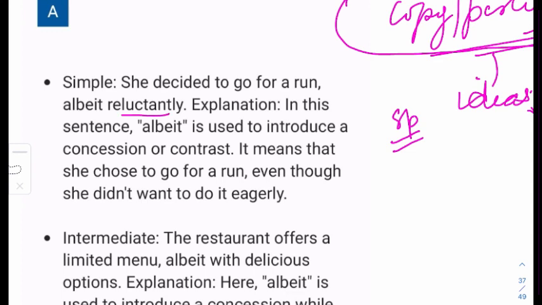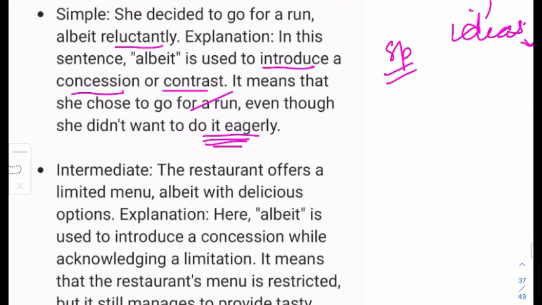That means to introduce concession or contrast, that is, she wanted to go for a run but she was not very eager to go. So, I wanted to go for a party, albeit reluctantly. You can use this anywhere, reluctantly when you are not eager. Okay, so this word has come to you.